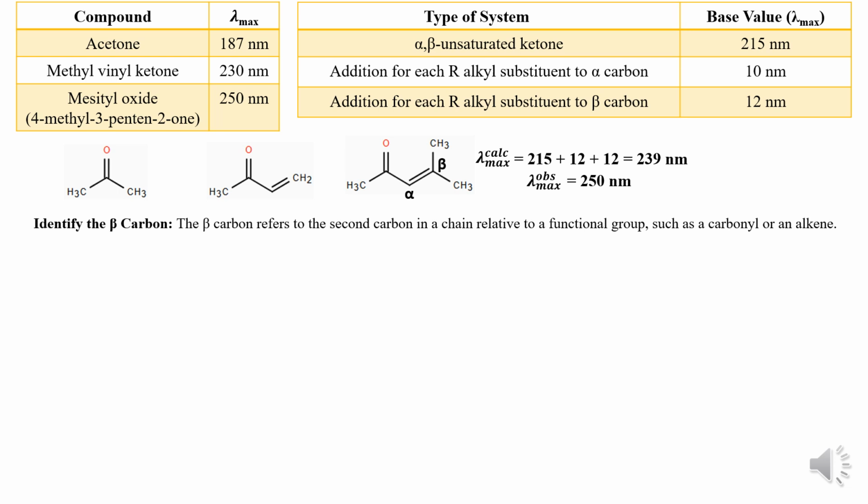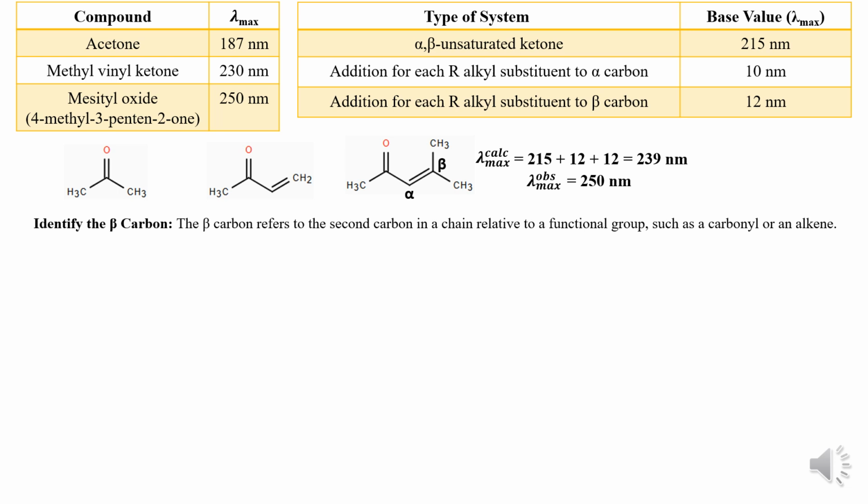And why 12 is added twice? Because two methyl groups are covalently bonded to the beta carbon. So for every alkyl group attached to the beta carbon, you give an increment value of 12 nanometers. So here you find two methyl groups attached to the beta carbon, and therefore you add 12 nanometers twice, and that is equal to 239 nanometers.